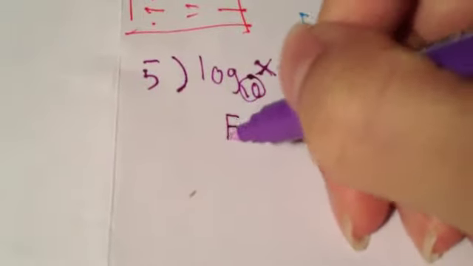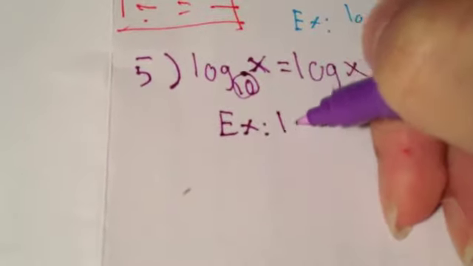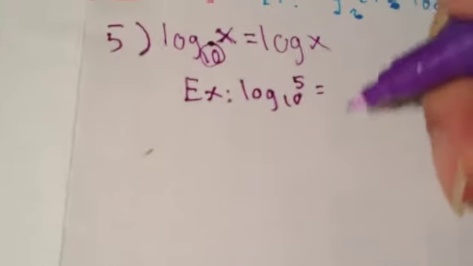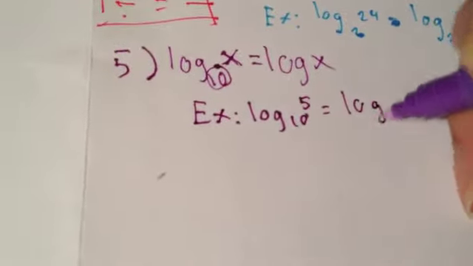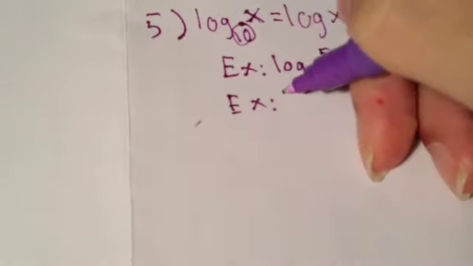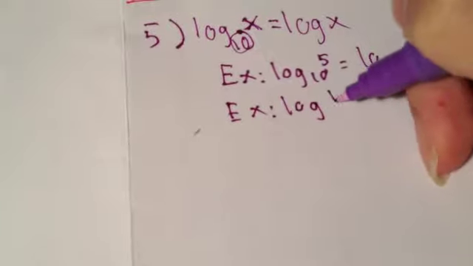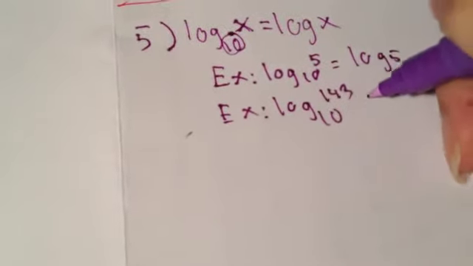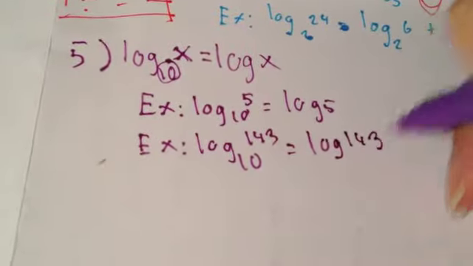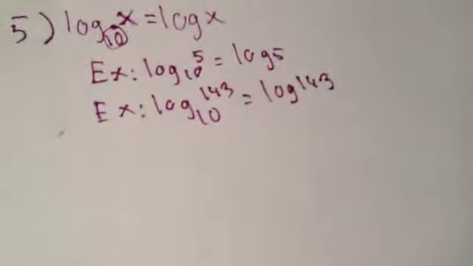For example, log 5 in base 10 is equal to log 5. Easy as pie. Another one, log 143 in base 10 is equal to log 143. See, log 143.